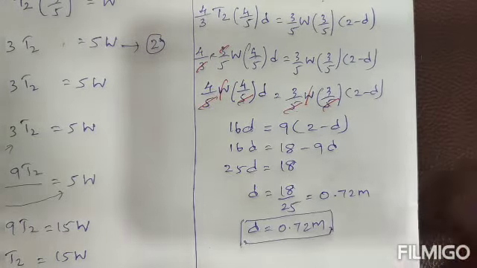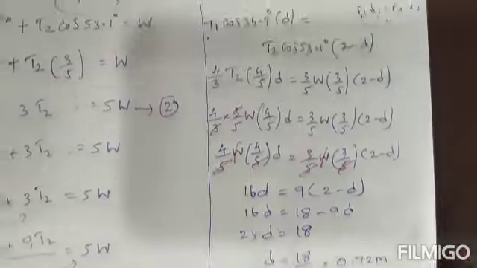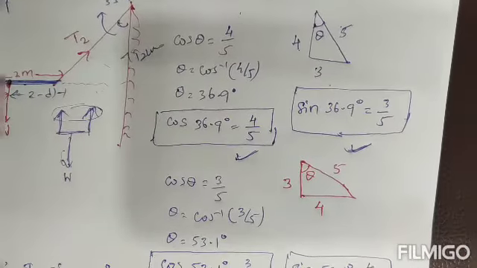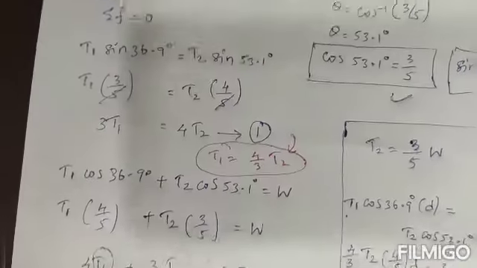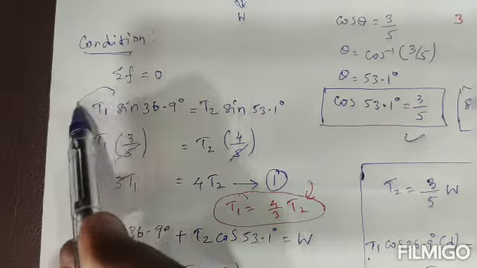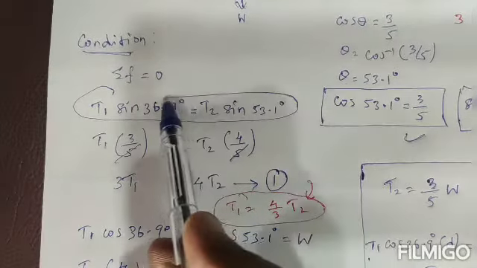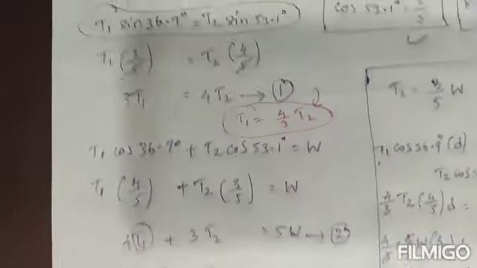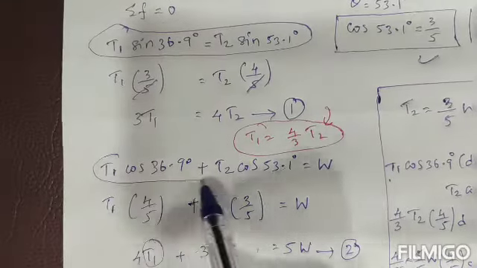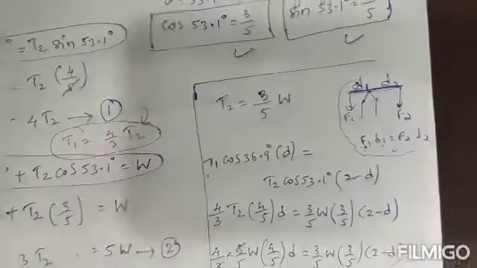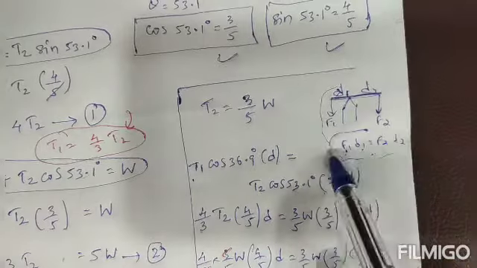Students, here so many concepts are there. First, based on the triangle concept, we found the angles for the horizontal and vertical components. After that, the equilibrium concept: the first idea, we use horizontal equilibrium. Second, we use vertical equilibrium balanced with the weight. Then third, we use the principle of moment.